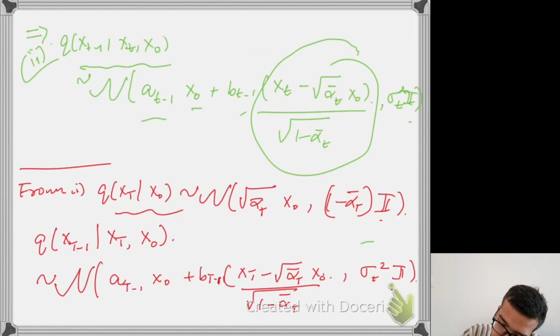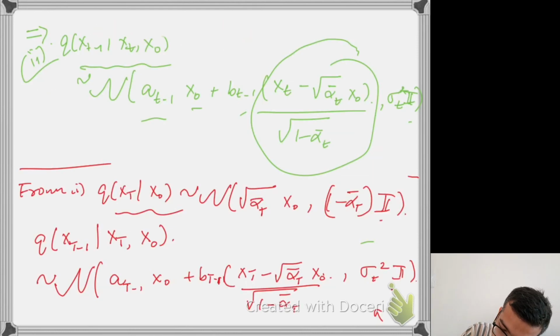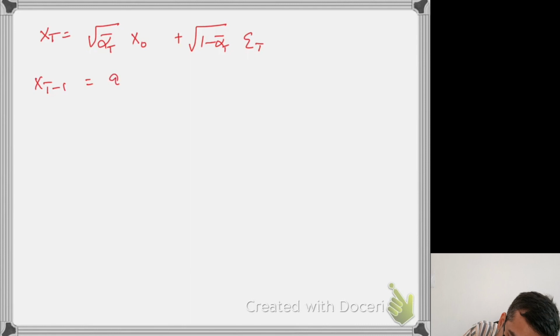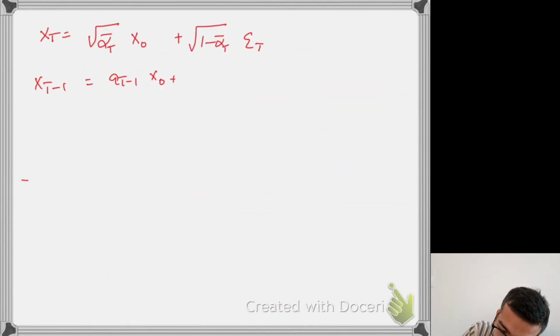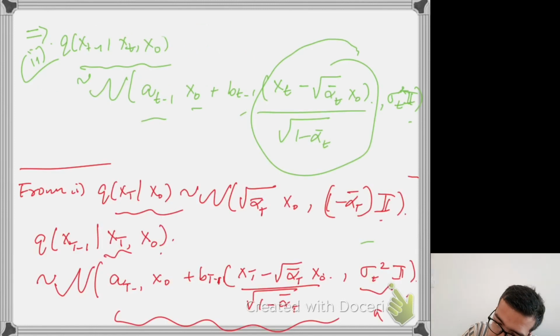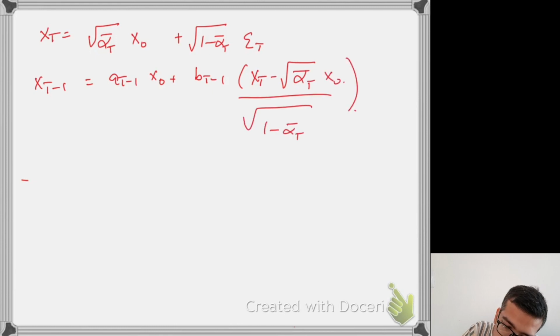So substituting it here, from the second one, what we have is that x_{t-1} equals mean plus sigma_t times some z_t. So essentially a_{t-1} x naught, where here also I am trying to do reparameterization, plus b_{t-1} times (x_t minus square root alpha_t bar x naught) over square root 1 minus alpha_t bar, plus sigma_t z_t, where z_t is coming from standard normal.